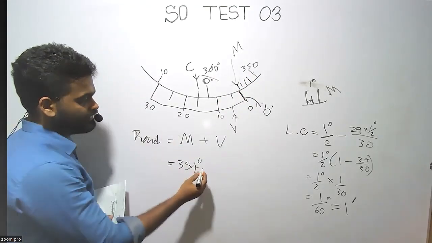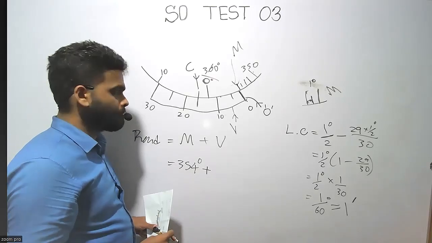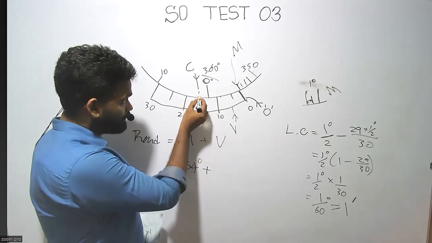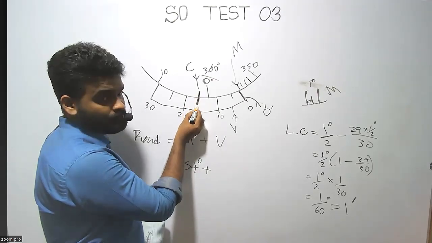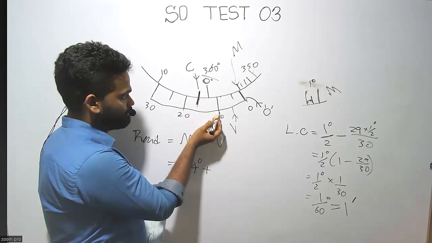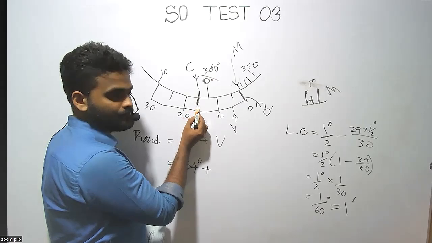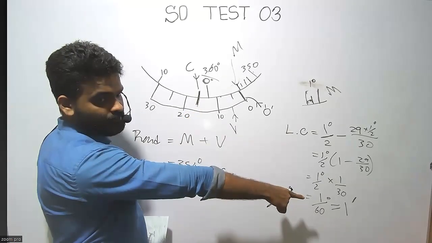Then the next one is for the vernier scale. So the vernier reading. Then you need to find a coinciding mark. In the question, they say the coinciding point is this one. Actually, what is the number of that? It is 15, right? Because it is right in between 10 and 20. So the coinciding point is 15, and the least count we found as 1 minute.